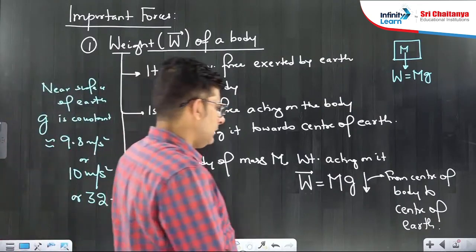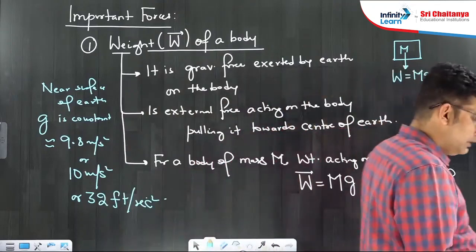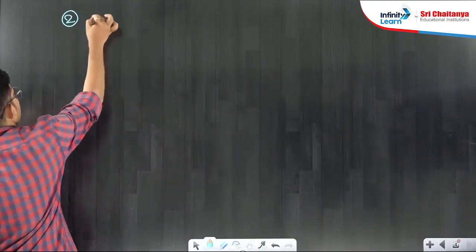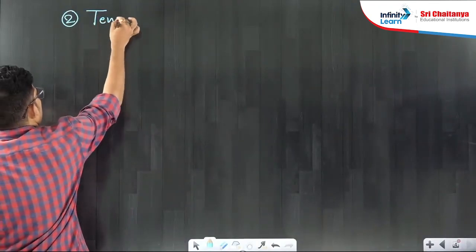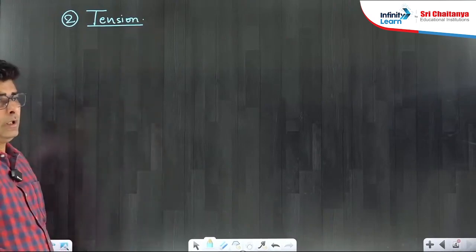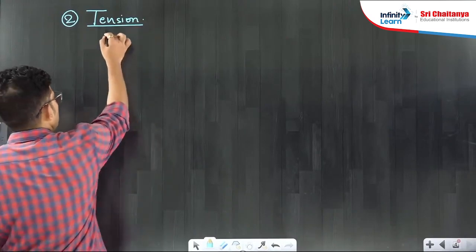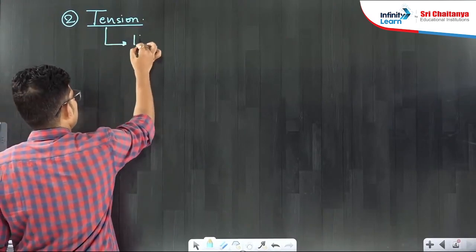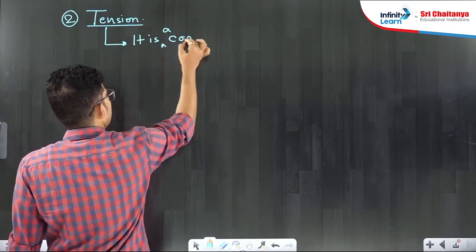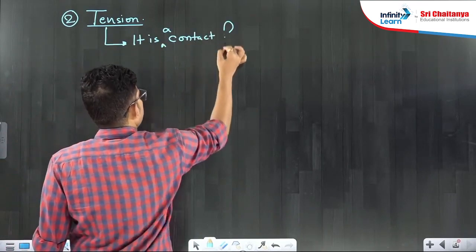Now comes the second type of force which we call tension. Okay. The second important force is tension. Now tension, let me write first what type of force it is. It is a contact force.